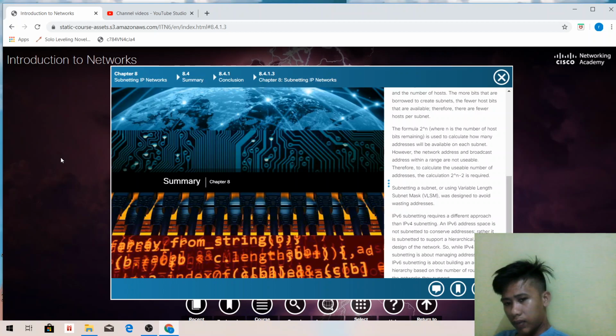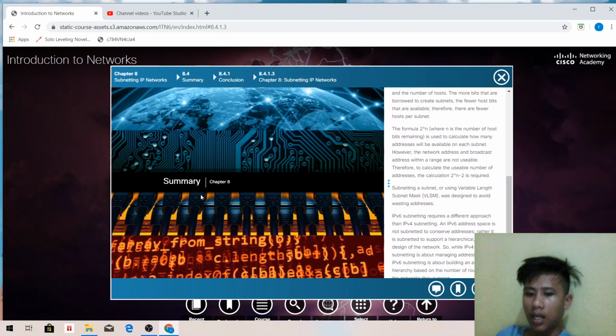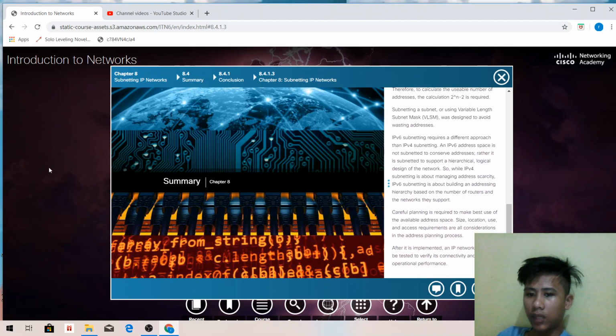So, while IPv4 subnetting is about managing address scarcity, IPv6 subnetting is about building an addressing hierarchy based on the number of routers and the networks they support.